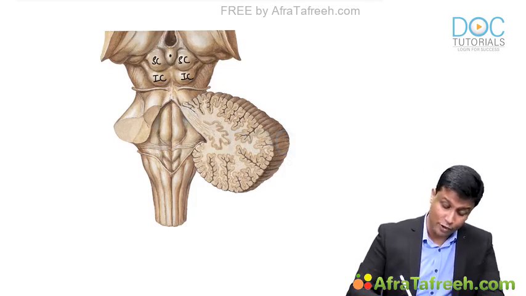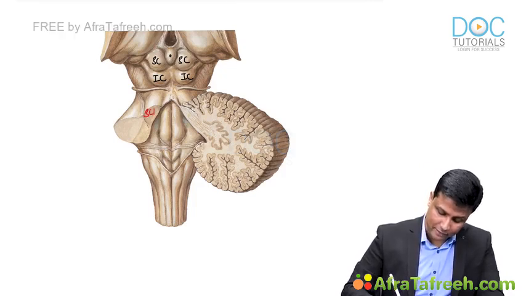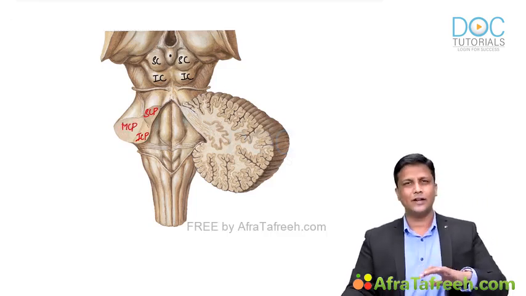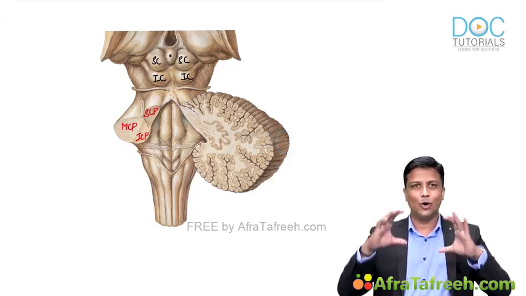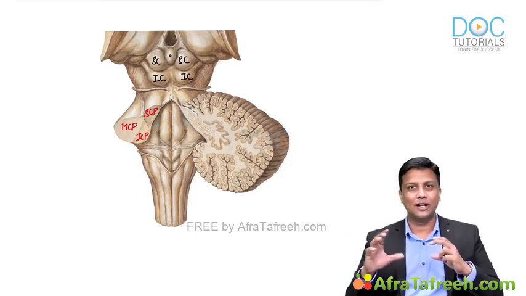Here I want you all to understand one thing. This is the superior cerebellar peduncle, this one is the inferior cerebellar peduncle here, and a little lateral to that will be the middle cerebellar peduncle, guys. Don't think that all the cerebellar peduncles are individually attached to the cerebellum.